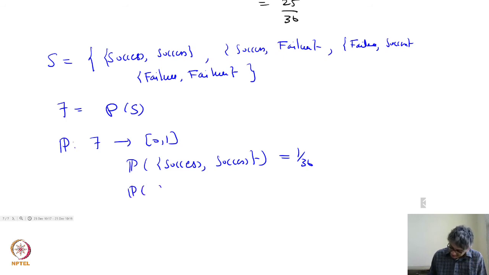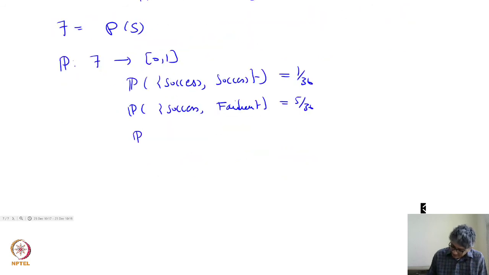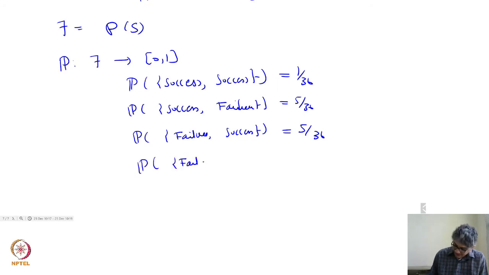The probability of success-failure that I computed above was 5 over 36, the probability of failure-success that I computed above was again 5 over 36, and the probability of failure-failure was 25 over 36.